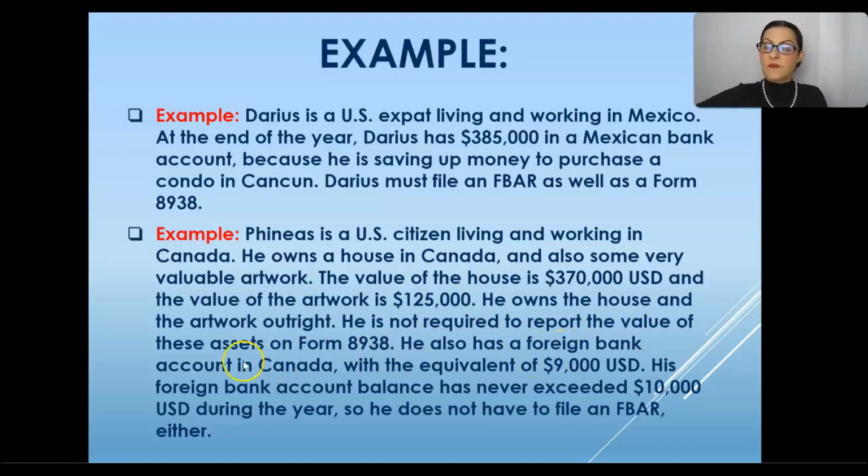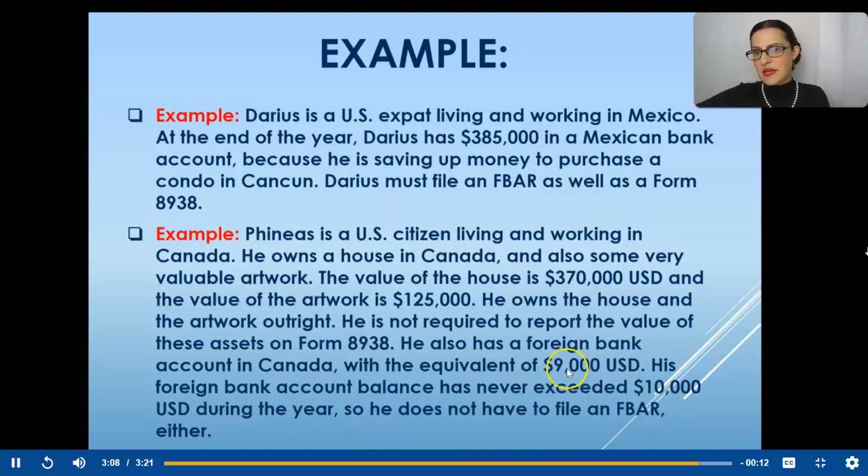He also has a foreign bank account in Canada with the equivalent of $9,000 US. His foreign bank account balance has never exceeded $10,000, so he does not have to file an FBAR either. So he doesn't have to report any of these assets at all, and he also doesn't have to file an FBAR because his Canadian bank account has never gone above $9,000 US dollars equivalent.